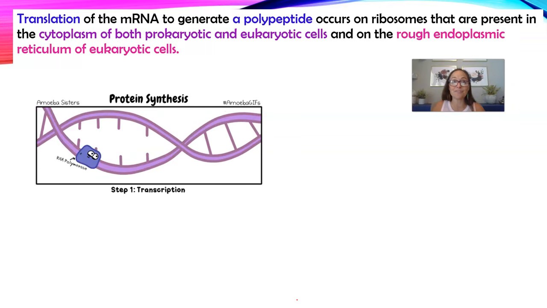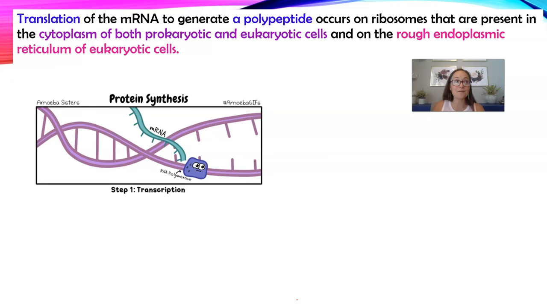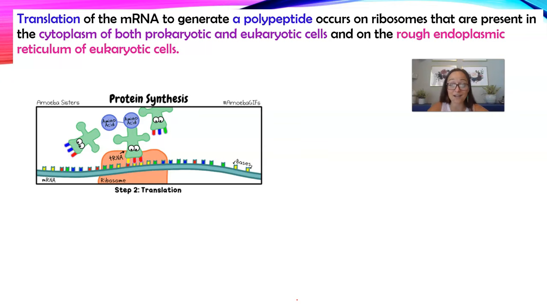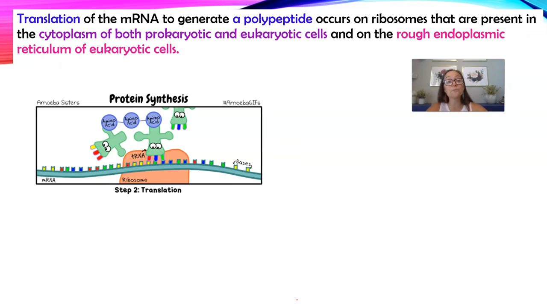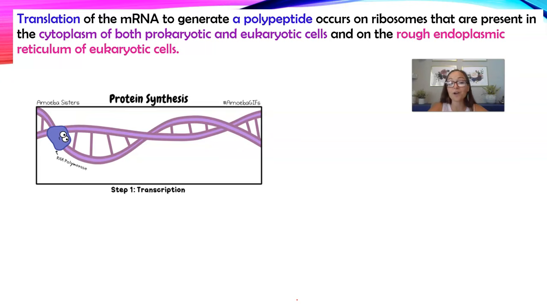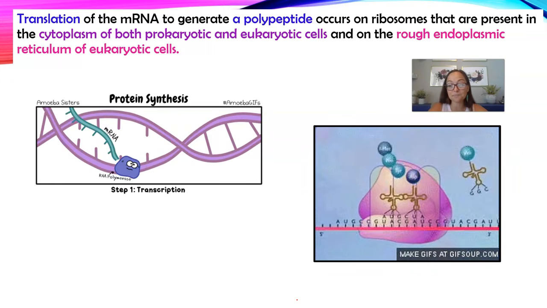But regardless if a ribosome is on the rough ER or found in the cytoplasm, they both read the messenger RNA, which we see here, codon by codon, where the transfer RNAs, the tRNAs, will bring the appropriate amino acid, building the polypeptide. So ribosomes are like your little protein factories, regardless of where they are located.